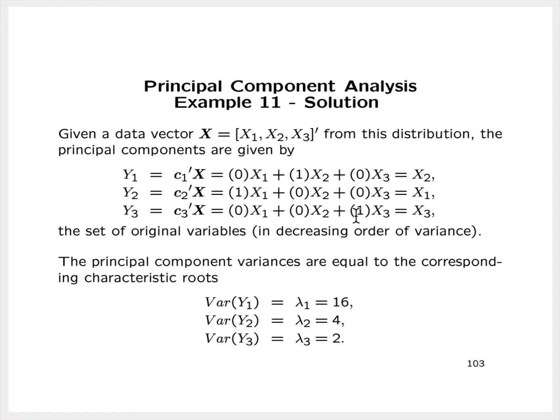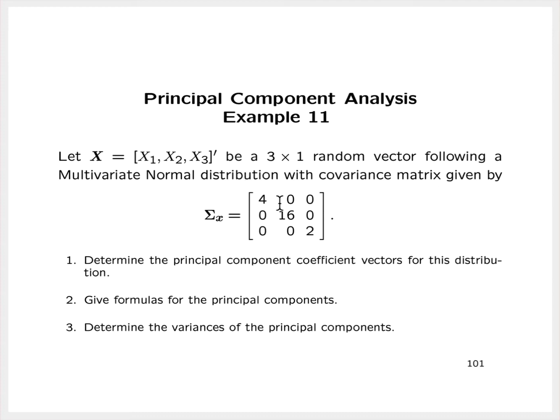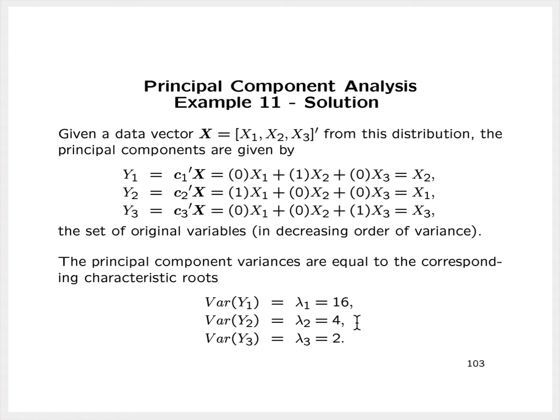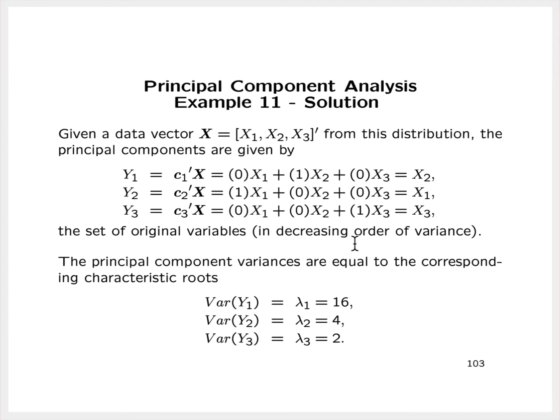Similarly, y2, the second principal component, is the first original variable, x1. It has a variance of 4, so we know that must be the variance of y2. And then finally, y3 is just x3, the third original variable. It has a variance of 2, and so we know that must be the variance of y3.